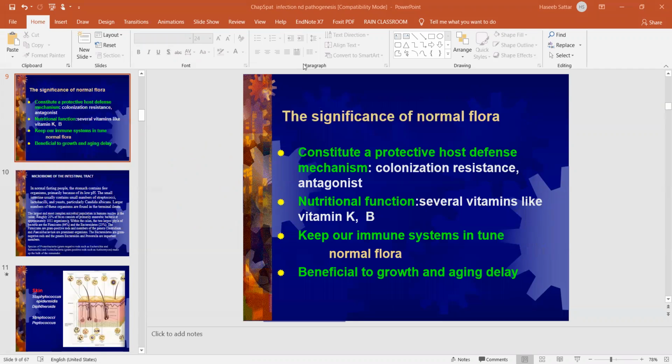Sorry. Now, what is the significance of the normal flora? First of all, we know that the bacteria actually help us to develop our immune system. Maybe you have seen here in China, but in our country, our children play outside.